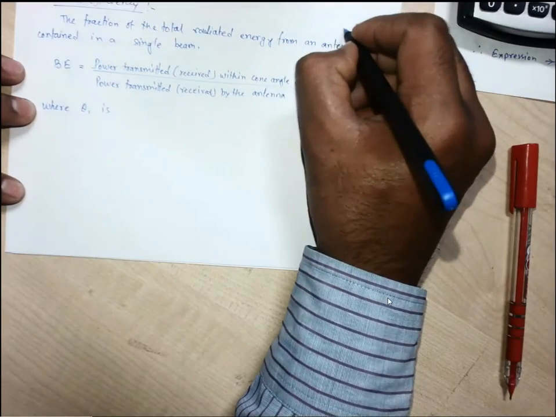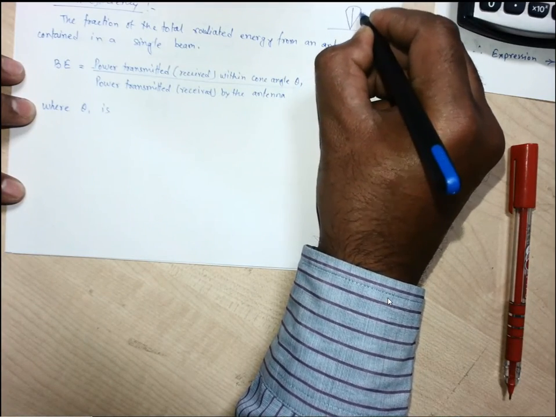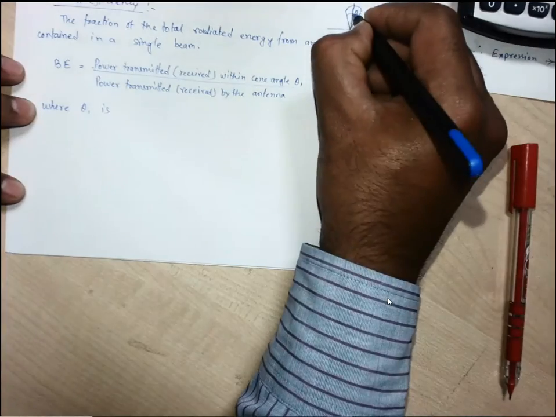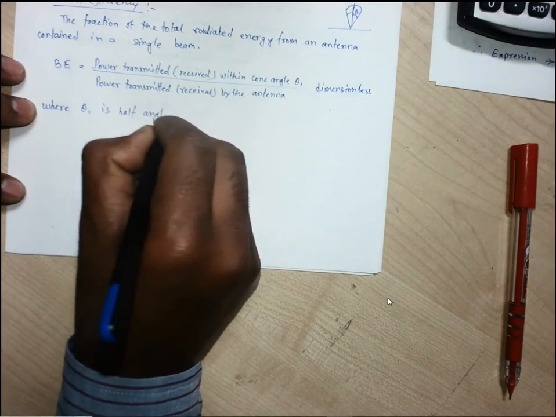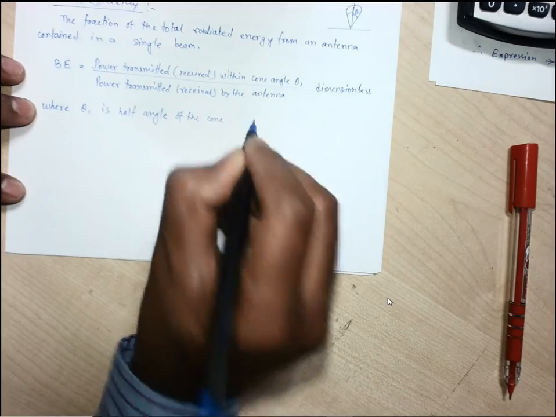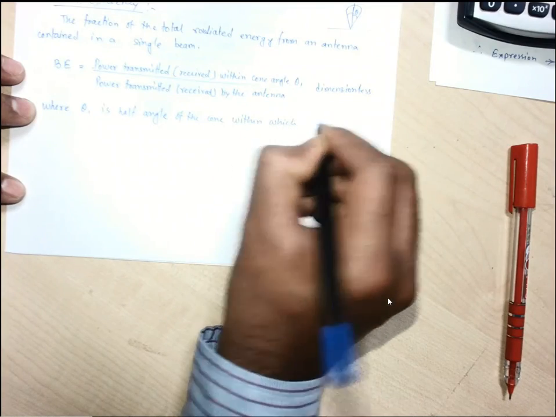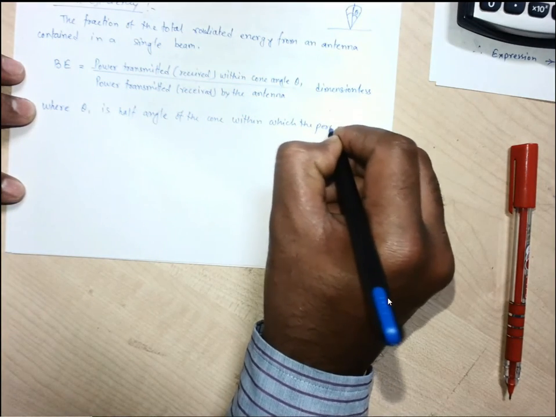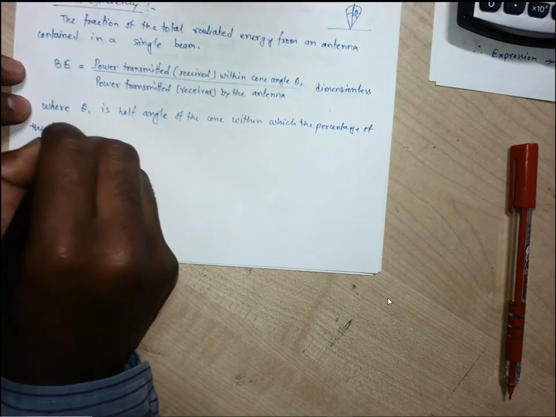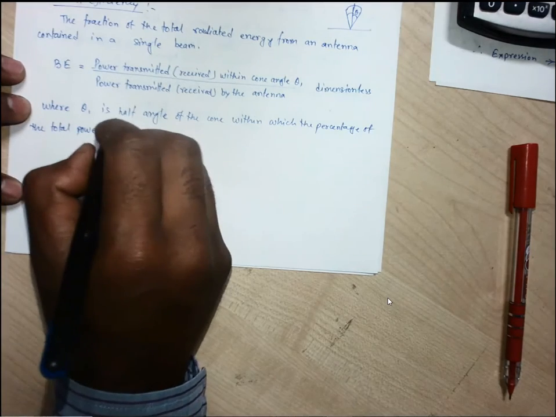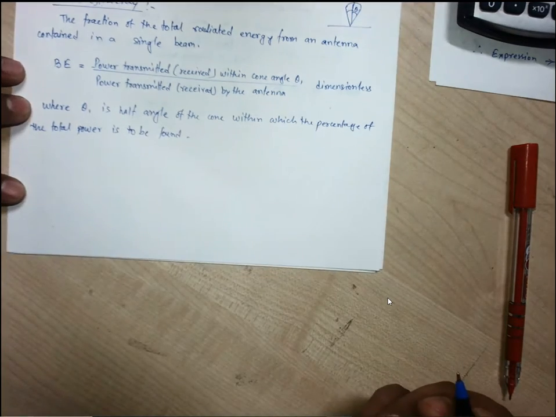If we have a beam, something like that, this one is theta 1, the half angle of the cone, within which the percentage of total power is to be found.